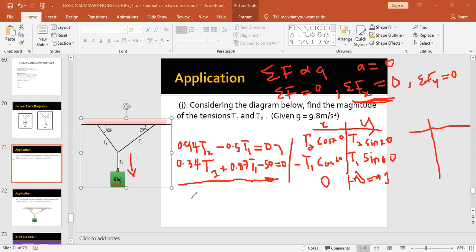So T1 is equal to 0.94 T2 over 0.5. Then you substitute into the second equation to find your T2. So find that for me.